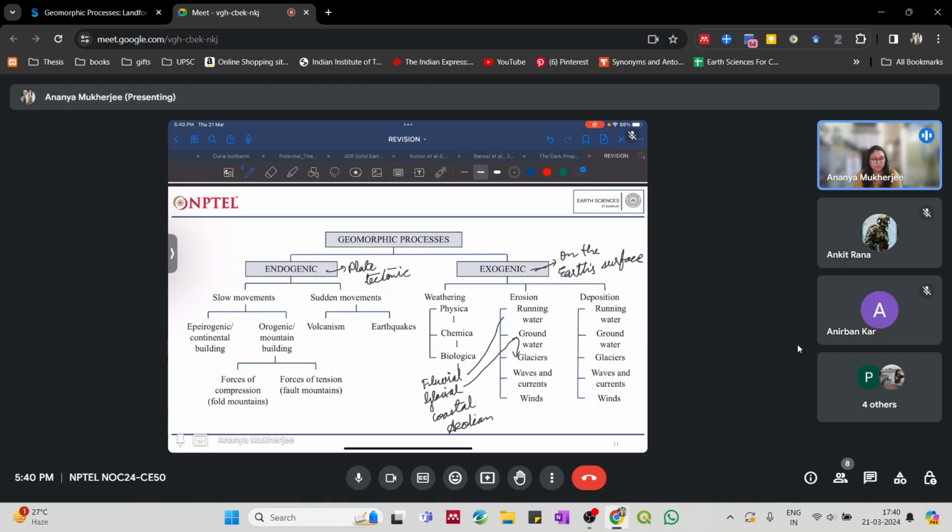We have covered all of these throughout the different weeks, and all the natural agents that we are considering do their work by eroding as well as depositing the eroded material that they have transported from one place to another.